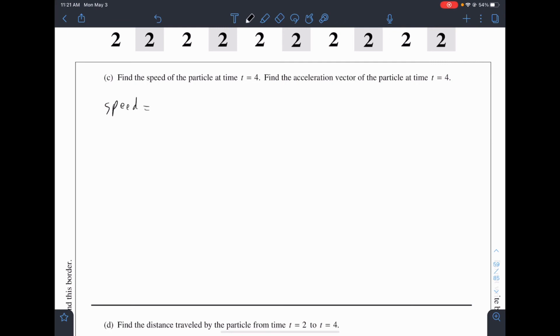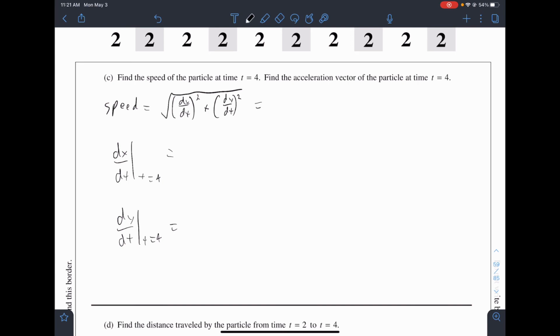Let's write this down. Speed equals the square root of dx/dt squared plus dy/dt squared. So first we have to evaluate dx/dt and dy/dt at t equals 4. At t equals 4, dx/dt is going to be root 6 over e to the 4th. And then dy/dt is going to be sine squared of 4. So let's plug this in.